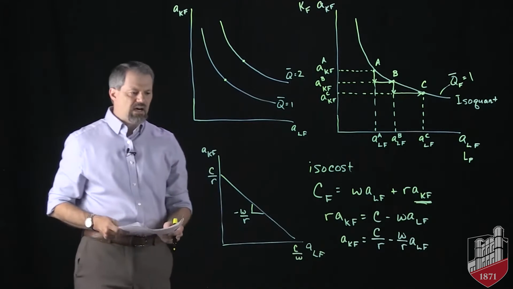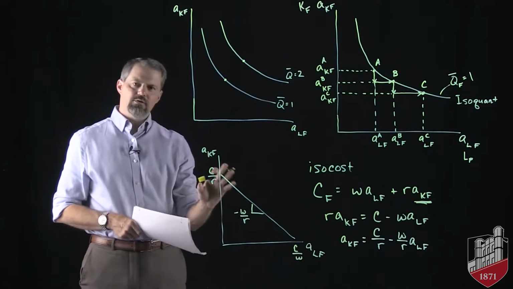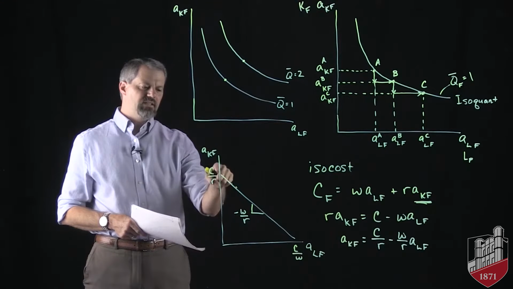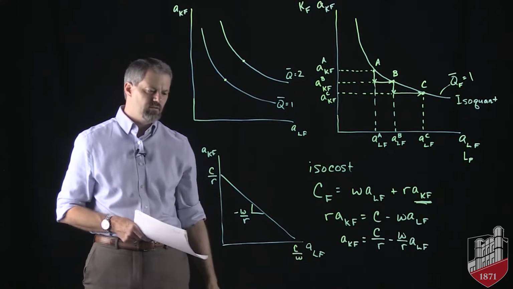So if you think about what's actually going on in this picture, it should make sense. This number right up here is going to tell us the total amount of capital that we would be using if we were buying all capital.